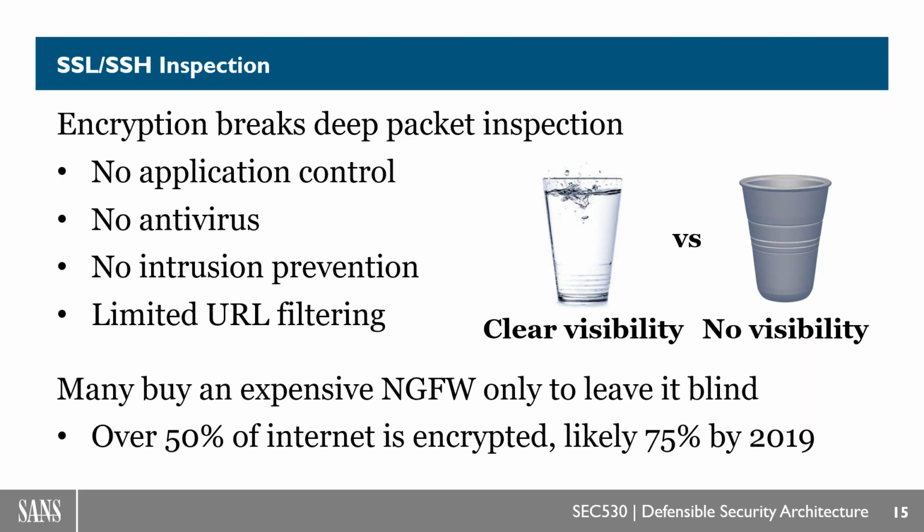This slide basically says 50% of the internet is encrypted. It's actually higher than that now. And again, there's a difference between TLS usage: SMTP uses TLS, so if you want to inspect that, you need SSL/TLS inspection. Web traffic is the big one. Web is getting closer to, I think, about 70% at this point, and it's picking up pace rapidly, because you can get free certificates with things like Let's Encrypt.